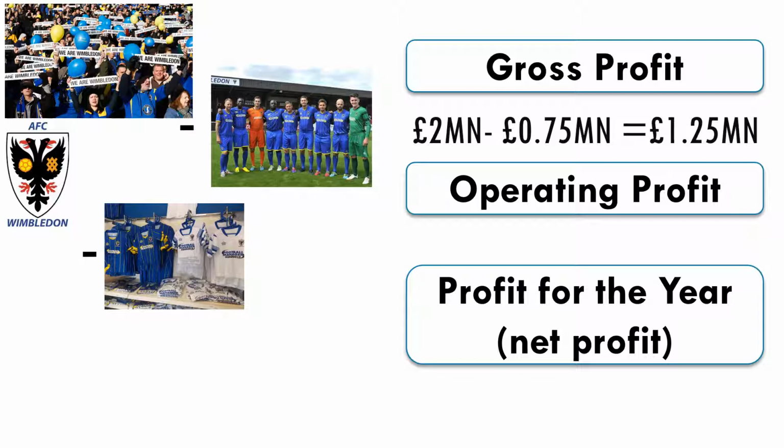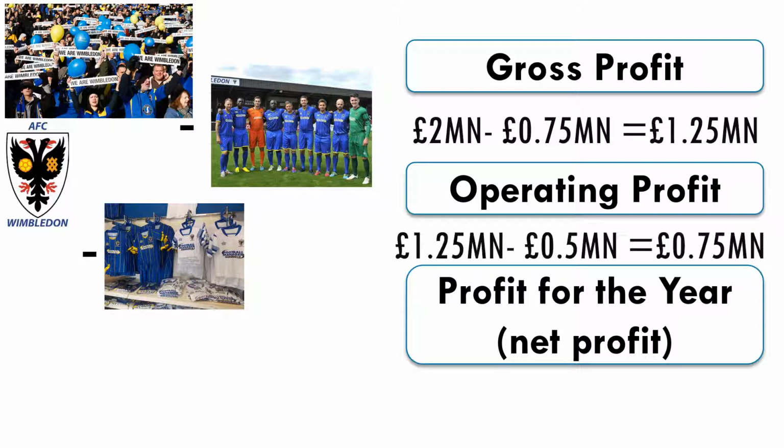So let's imagine that the indirect costs are £500,000, and therefore our operating profit would be the gross profit of 1.25 million, take off our extra indirect costs that we require to run the business, to give us an operating profit of 0.75 million. So this is the profit the business would make from just running its normal operations.